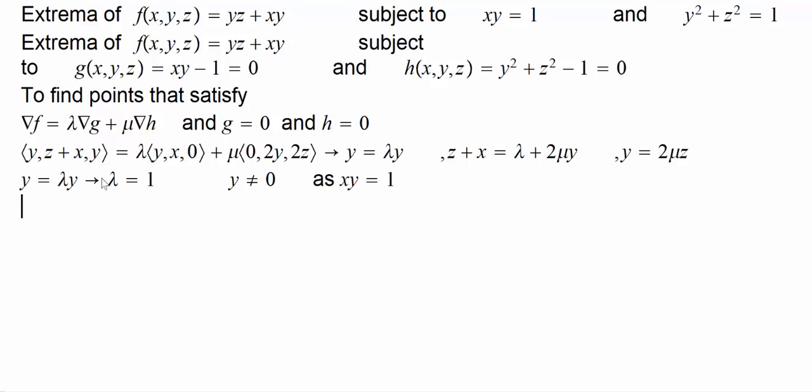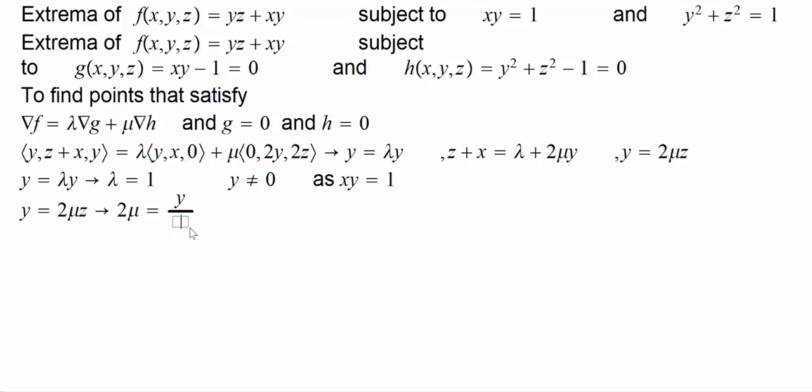And what does this give for mu? Because we have to eliminate both lambda and mu and use the other equations. And here it will mostly be by our own practice or observation or thinking that we have 2 mu equals y over z.